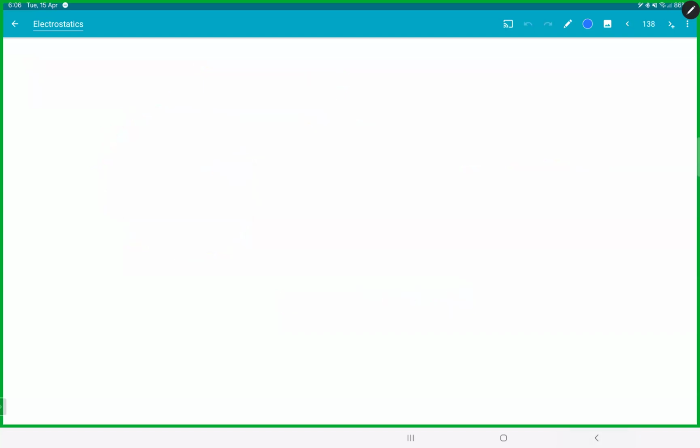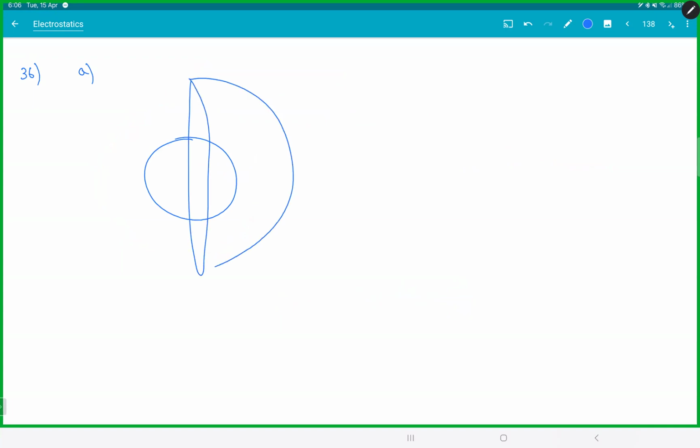Let's see one more. Let's do this in two parts. Let's say we have a sphere and we have a half sphere. You're getting it? So we have a half hemisphere and we have a full sphere.